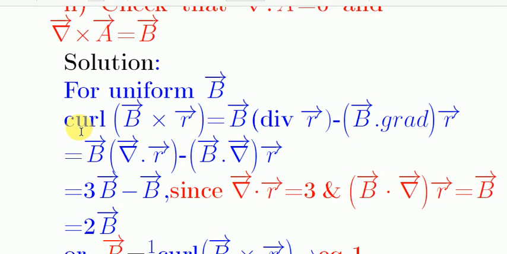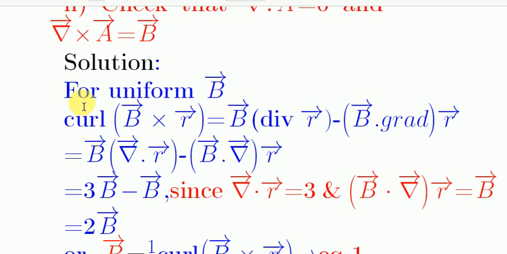From a vector identity we can write curl of B cross R equals B times divergence of R minus B dot gradient operator, that is del operator, times R, where R is the position vector and B is a constant vector, here a uniform magnetic field.